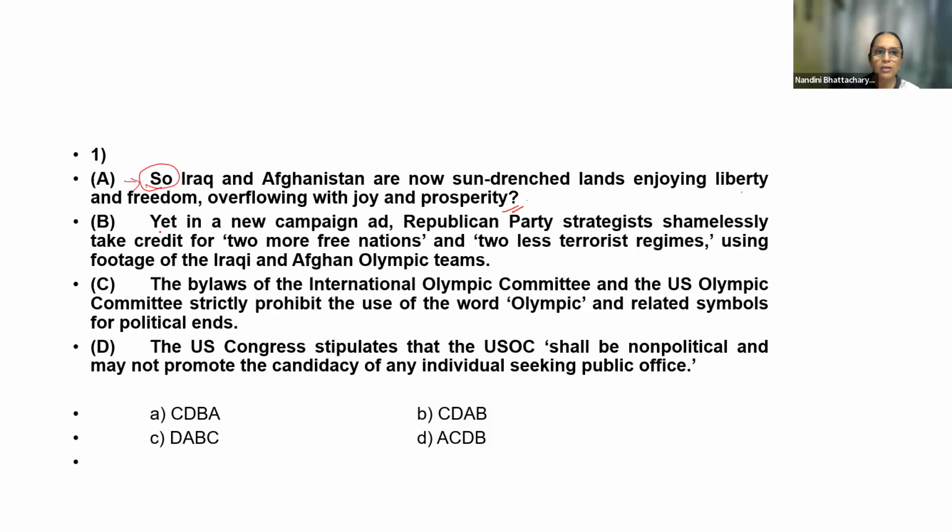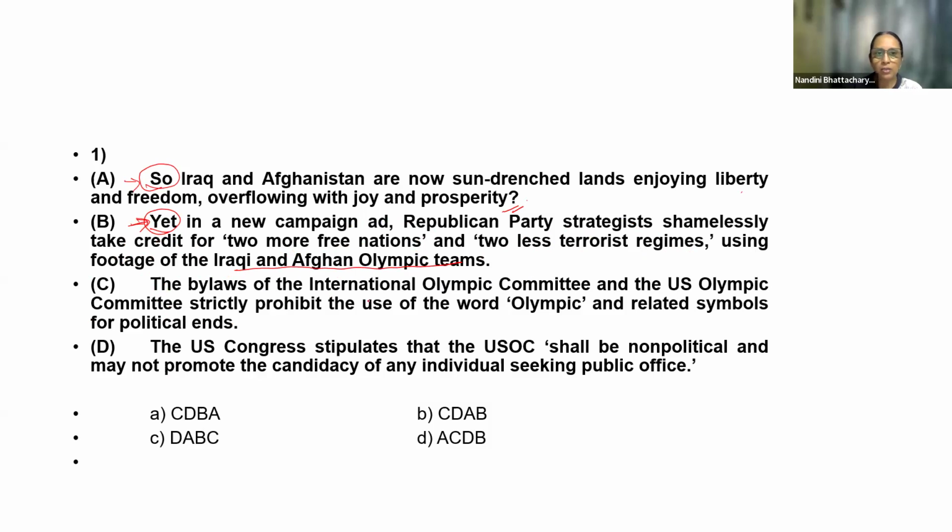Yet, in a new campaign ad, Republican Party strategists shamelessly take credit for 2 more free nations and 2 less terrorist regimes using footage of the Iraqi and Afghan Olympic teams. Now it begins with yet. So it is setting up a contrast to a previous statement. This cannot be an introduction, but it has to be linked to a previous statement, which is setting up the contrast.